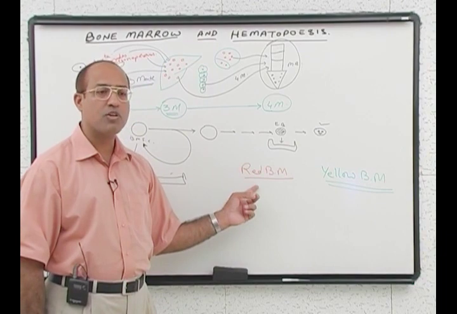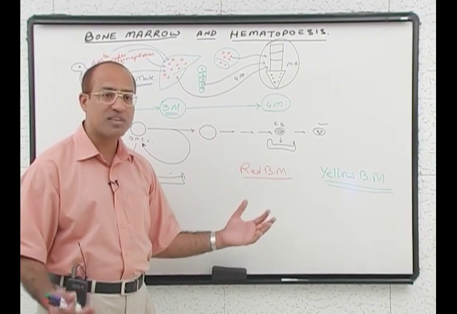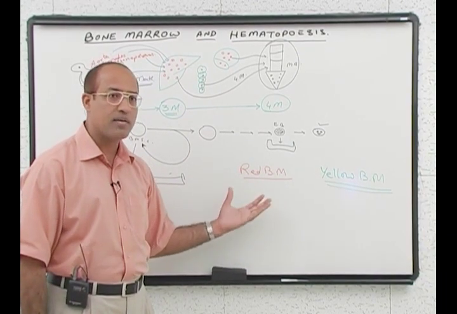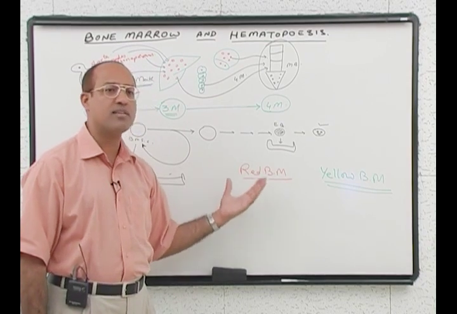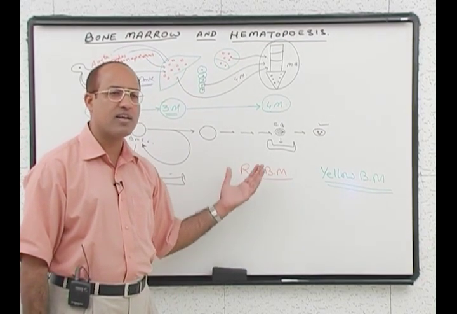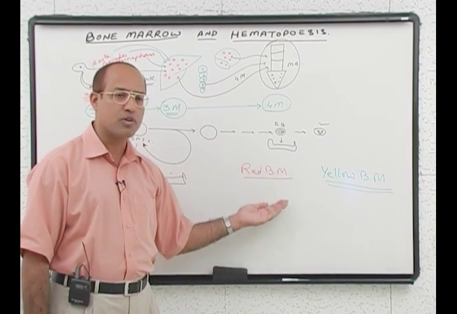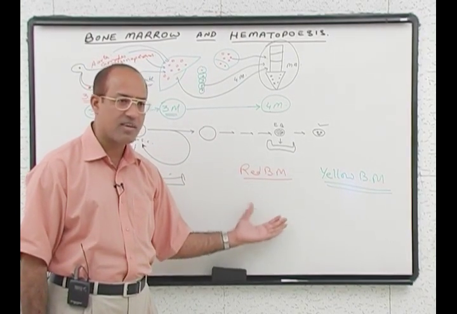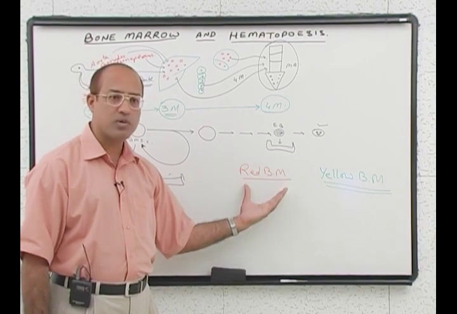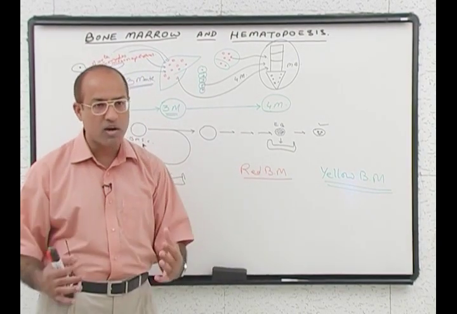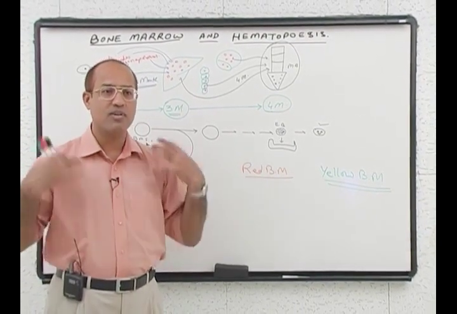It has a lot of hematopoietic cells, stem cells, progenitor cells, and many cells passing through different developmental stages of formation of RBCs, WBCs and platelets. So they make the bone marrow red. When a newborn baby is born, all the bone marrow is red.